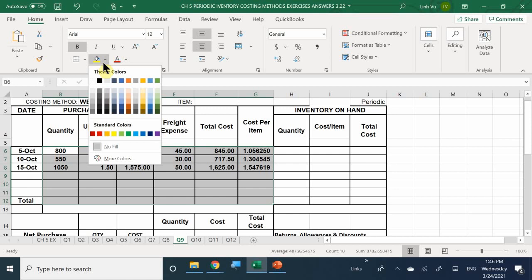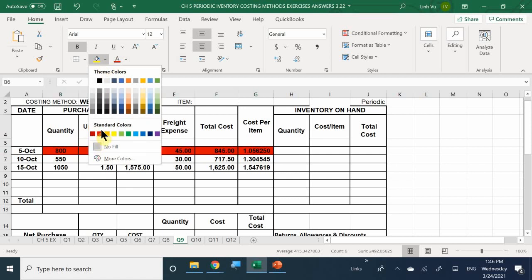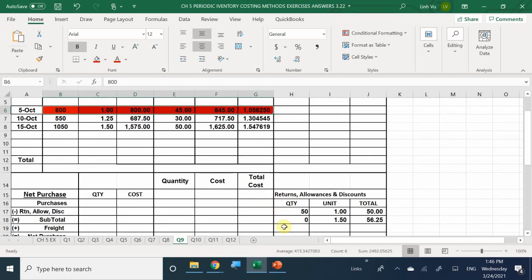That's how I've been color coding them, because if you color code the whole top area one color, it's hard to reference from a quantity. Do you understand what I'm trying to say? Yeah. So each batch that you make a purchase of is one color. Yeah, because that way you can reference each one when you go to quantity, unit, total under returns, allowances and discounts. Yes.